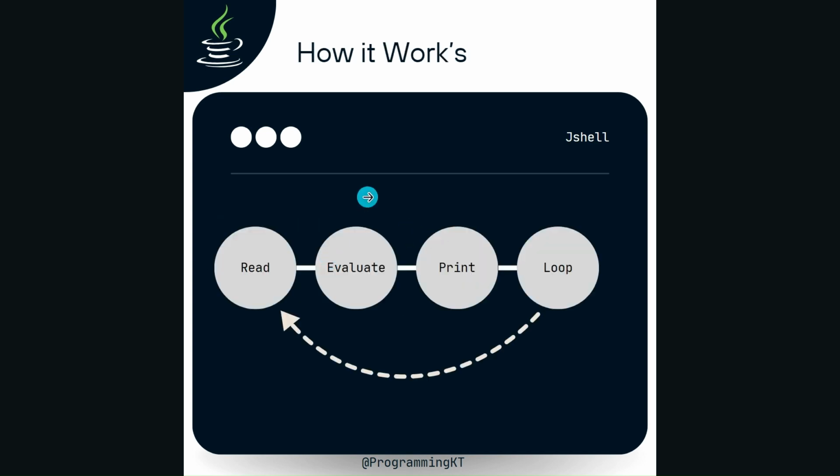So next one is JShell is a REPL tool. REPL means R stands for read, E stands for evaluate, P stands for print, L stands for loop. So whatever statement you write on the JShell prompt, it reads it, evaluates that statement, then prints it, and repeats the same process.